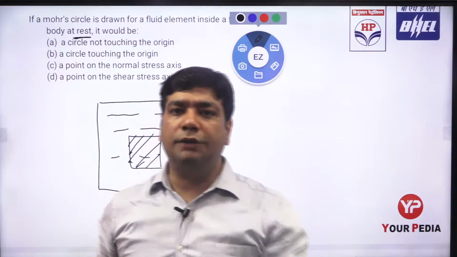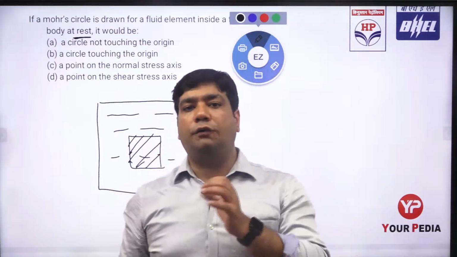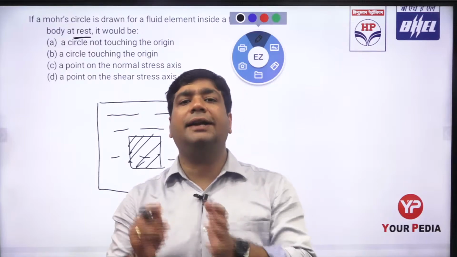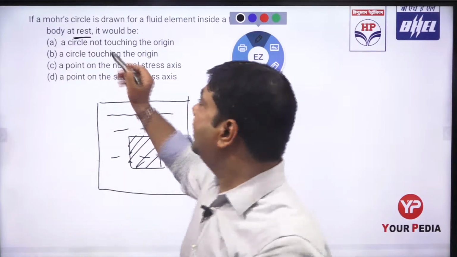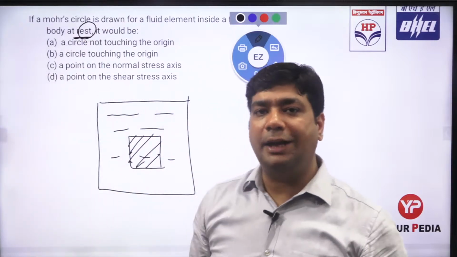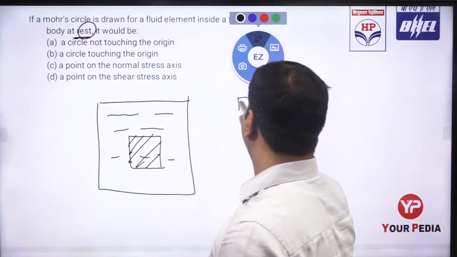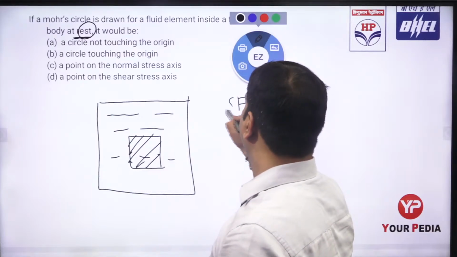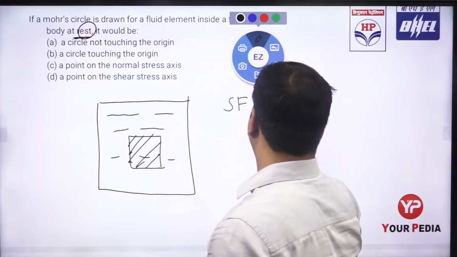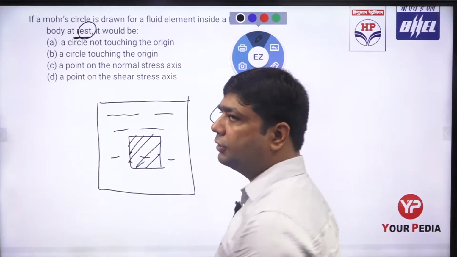If there is no shear force and no shear stress on the fluid element, it means the fluid is in a rest condition. So shear force equals 0, and similarly tau is also equal to 0.